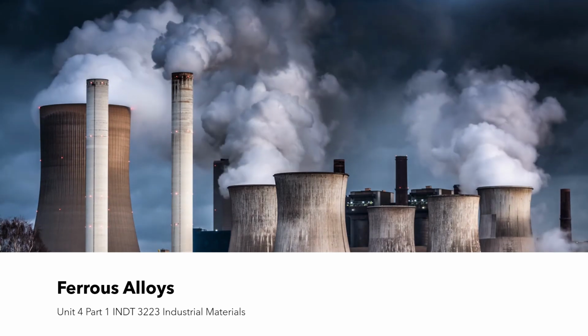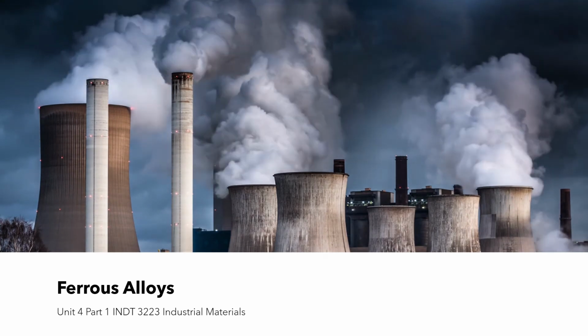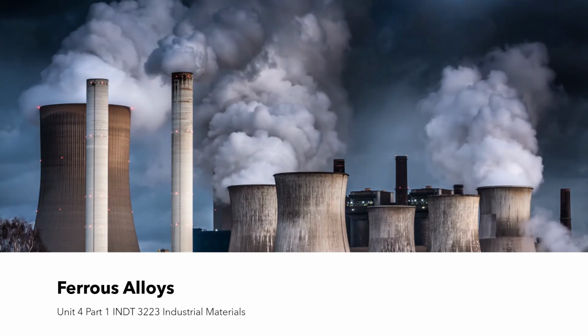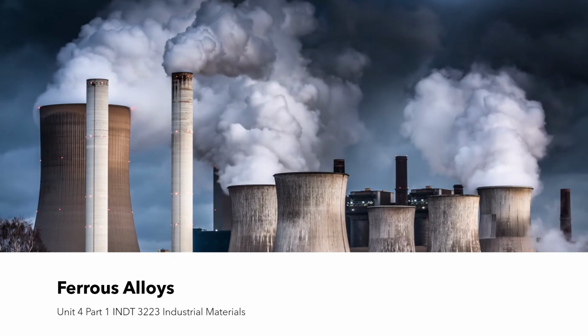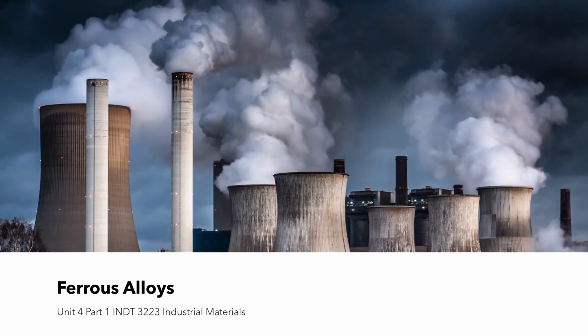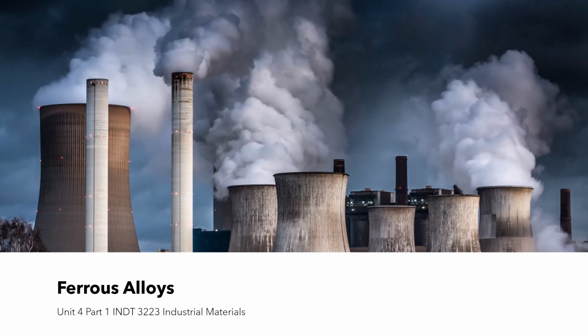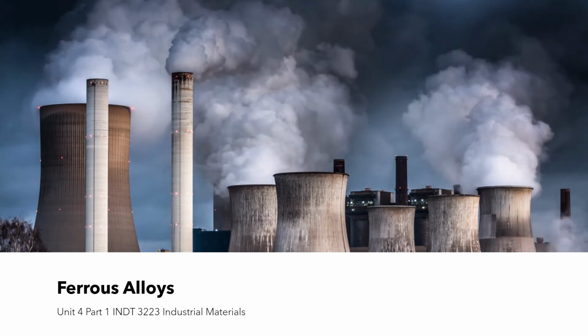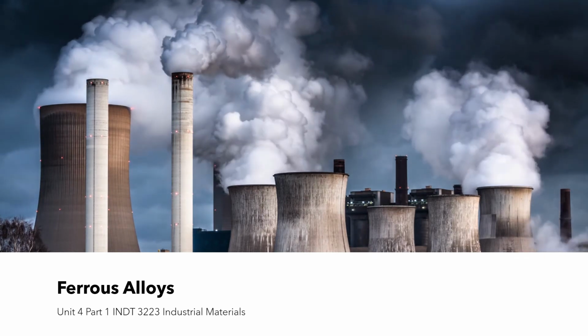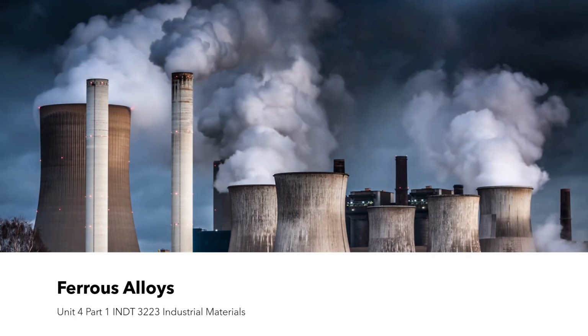Okay, so Unit 4, Part 1, we're getting into industrial materials, and the very first one is ferrous alloys. We use alloys because it's less expensive than the pure ones, and ferrous alloys, they're the largest portion of our industrial materials that we use today.